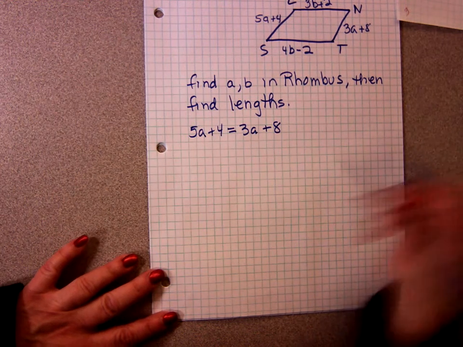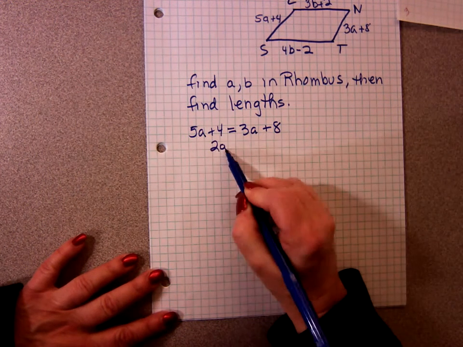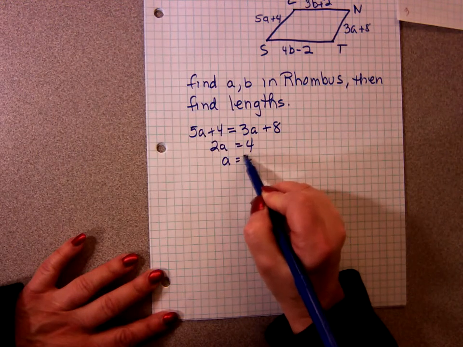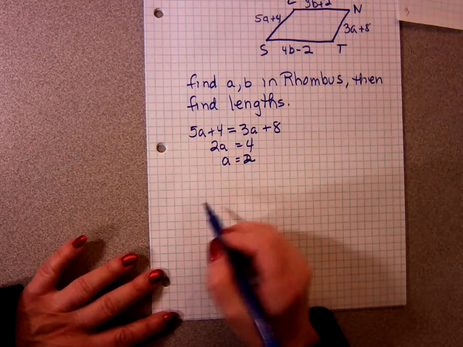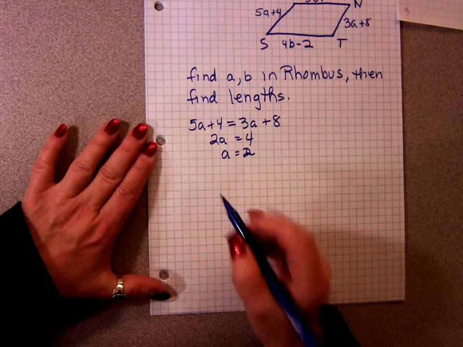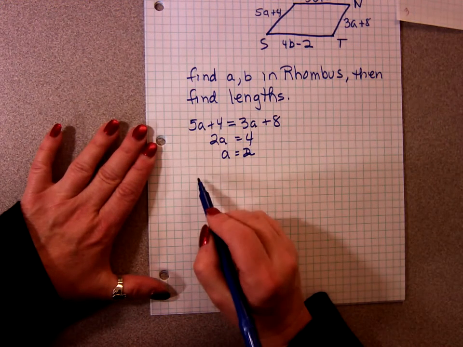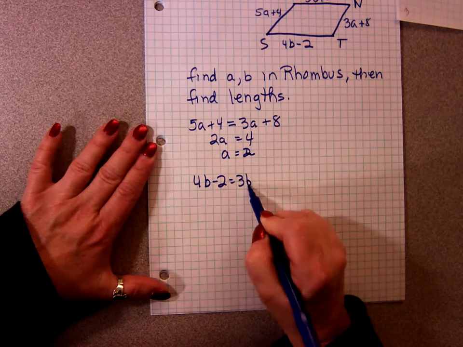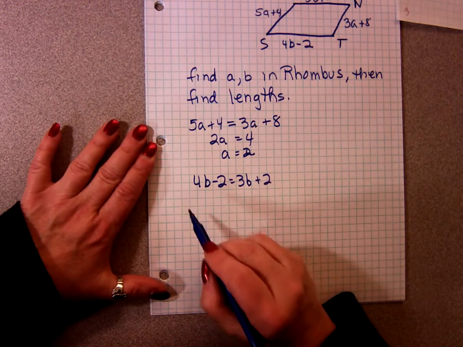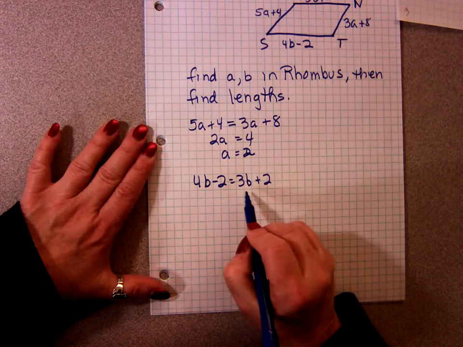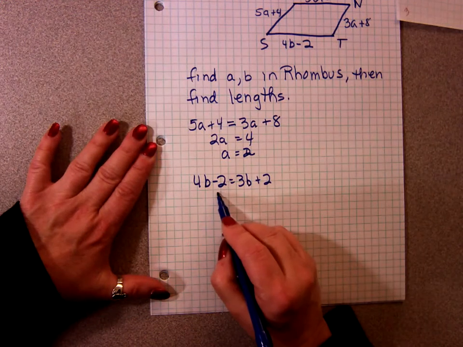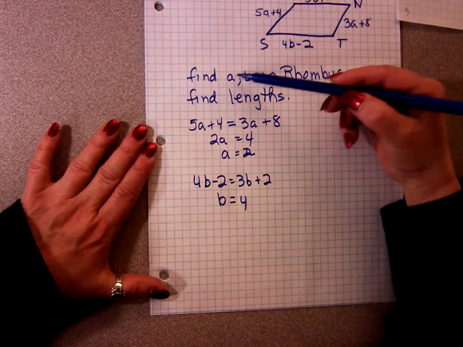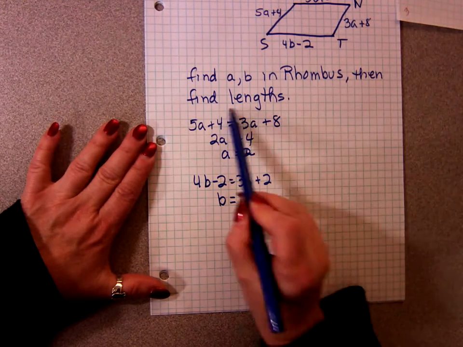And I'm going to use simple algebra, and I'm going to solve it. And I need to find B. 4B minus 2 equals 3B plus 2. Using algebra, B is equal to 4. So I found A, I found B, now I have to find the lengths.